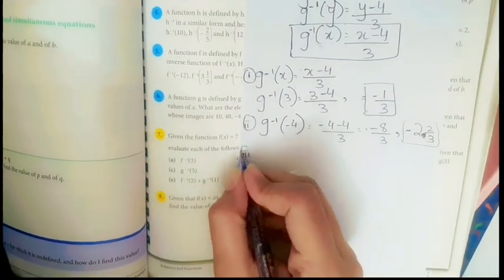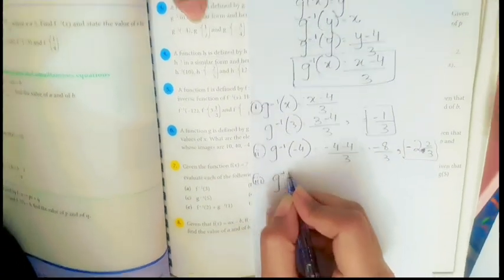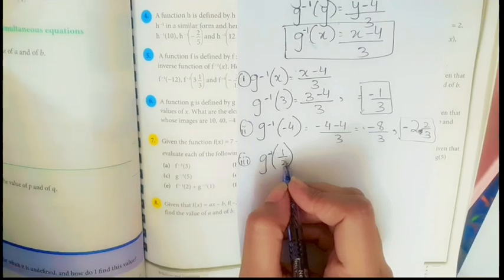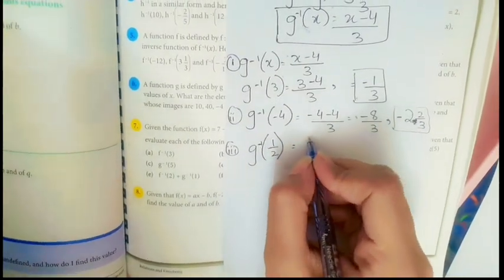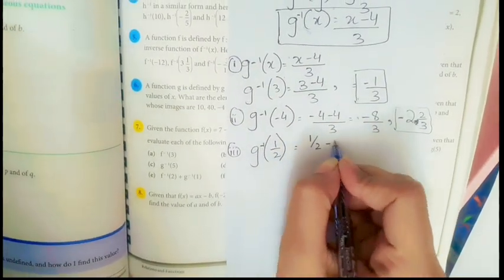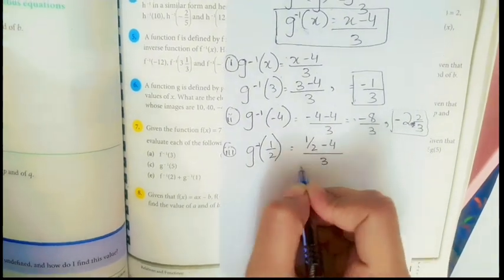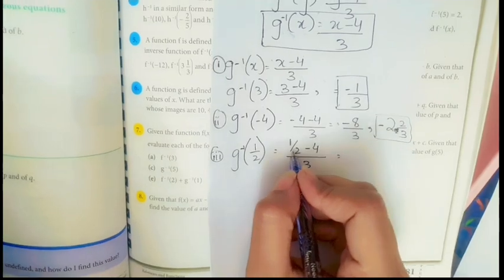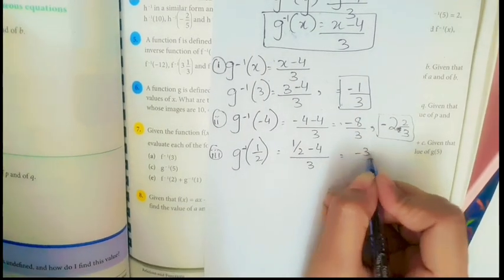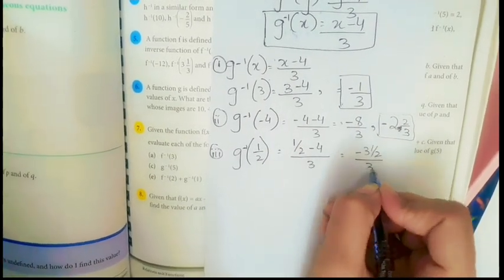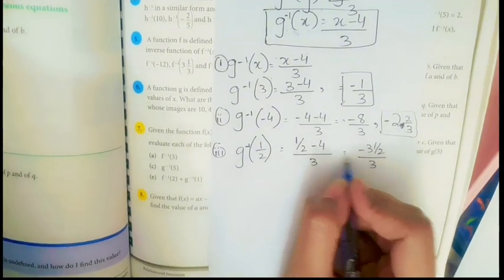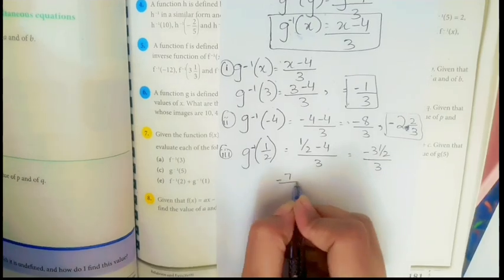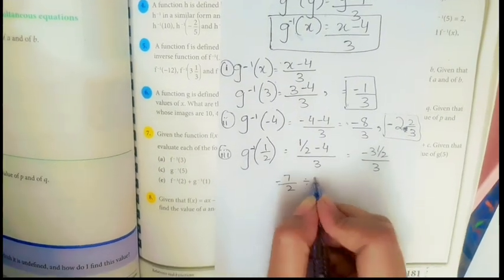Now the third part is g inverse of 1/2. In place of x, I am using the value that is given, and I'll do the same thing: (1/2 - 4)/3. You can use a calculator, or you can subtract mentally. 1/2 minus 4 would be minus 3 whole 1/2, so minus 7/2, divided by 3.